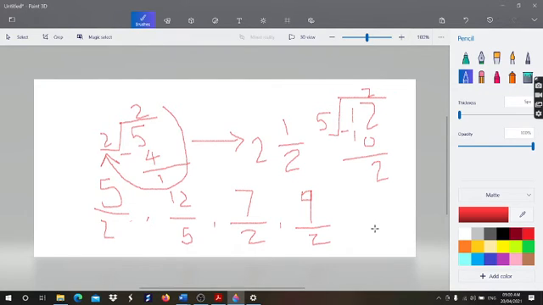So here upon 5 means 5 we have to put over here, and start to write from here to here. How do you write? 2 integer, here you have to write the quotient, 2 integer 2 upon 5. 5 twos are 10 plus 2, 12 upon 5. Okay, so in this way you can get a mixed number.